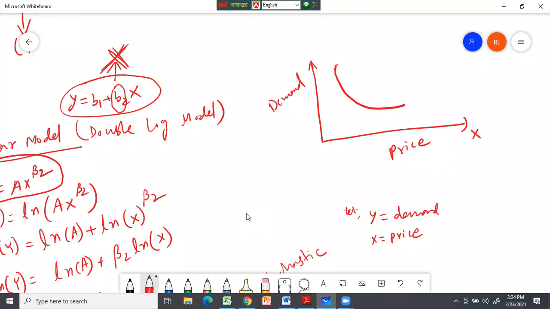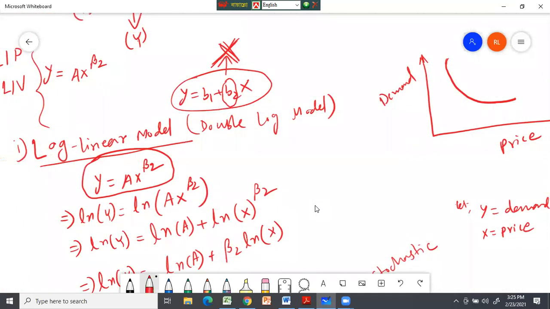Why has this curve been drawn here? Because when we are plotting this equation, y equals A x to the power minus beta 2, I have put a minus in front of beta 2 because the relationship between demand and price is negative.